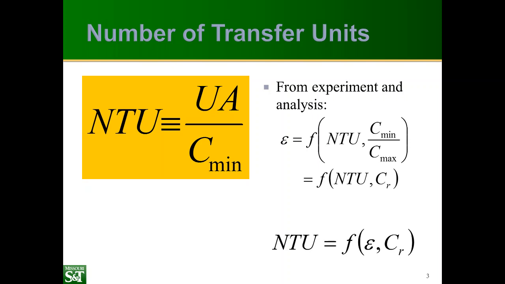Now, for a more realistic case, we know the design requirement, and we need to find the geometry necessary, like a heat exchanger design case. So then we know effectiveness, because we know the performance we need. And we need to find, for instance, the length or the heat transfer area that we need for our heat exchanger. So then we would use the equation to find the number of transfer units and use the definition of number of transfer units in order to design the heat exchanger.